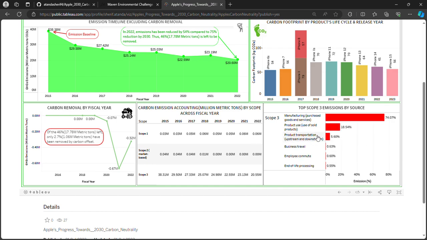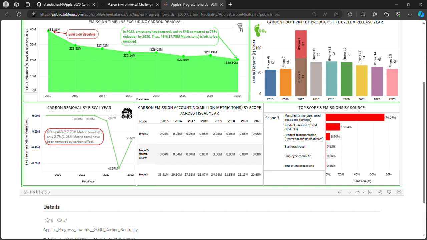Another one is transportation, that is, moving the product from the company to the buyers who will sell the product to the end users. And the business travel also has a minute percentage.